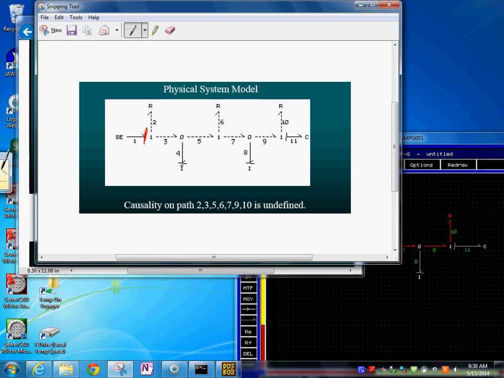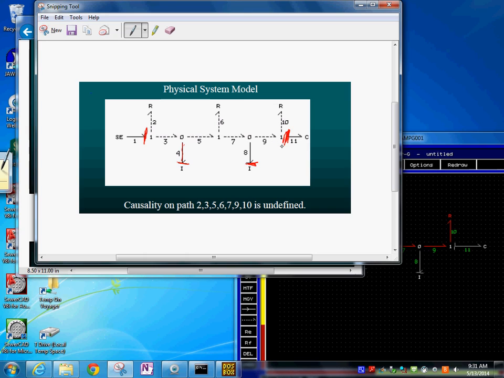I assign integral form to this one. All right, so this is like that, no problem. And then I assign another I element over here. And then I even assign this one in integral form. No problem.